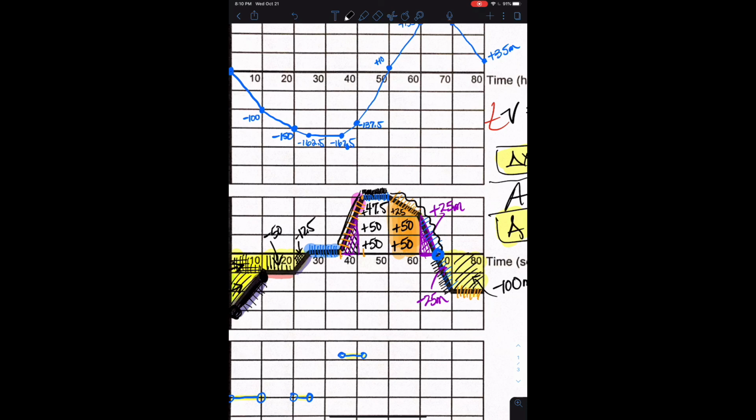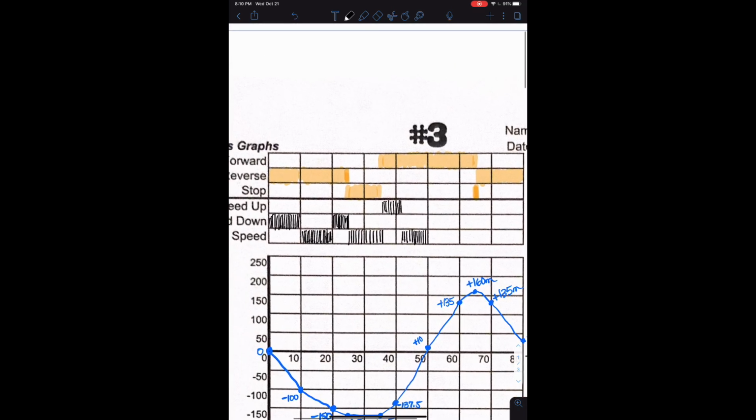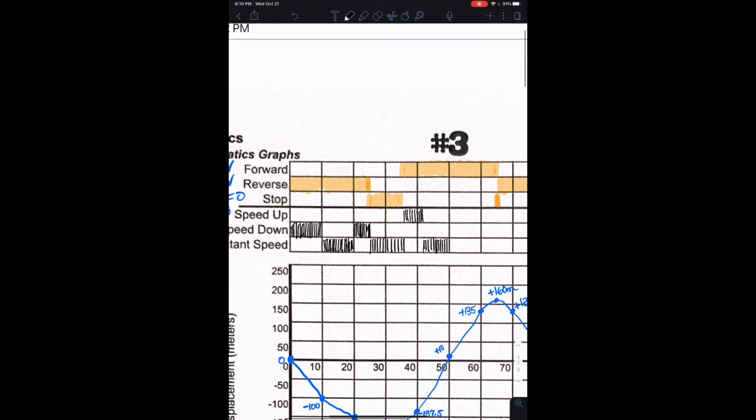So we're saying we're slowing down then. Let's go back and graph this. Slowing down from 50 to 65, where we have this wavy line from 50 to 65. Okay, let's go ahead and put that up here.